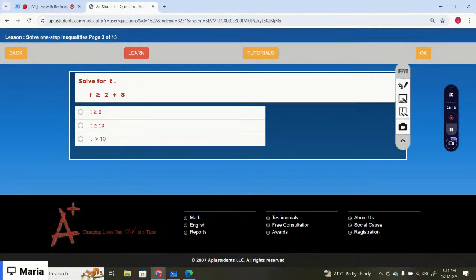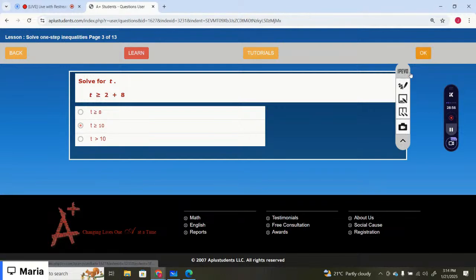Solve for t. t is greater than or equal to 2 plus 8. That is t is greater than or equal to 10.